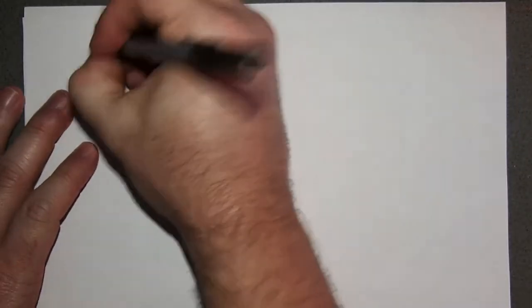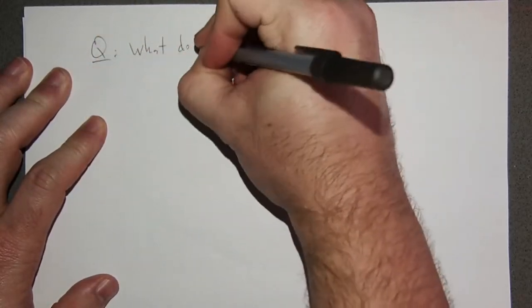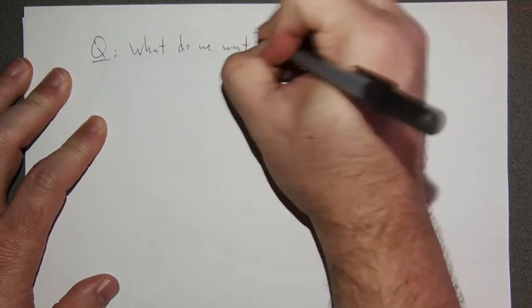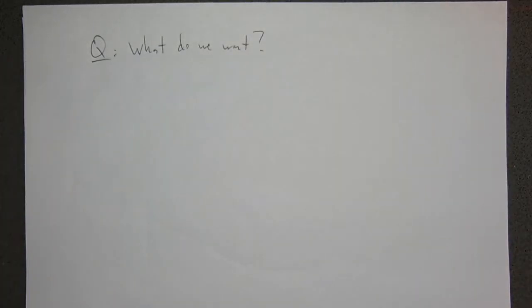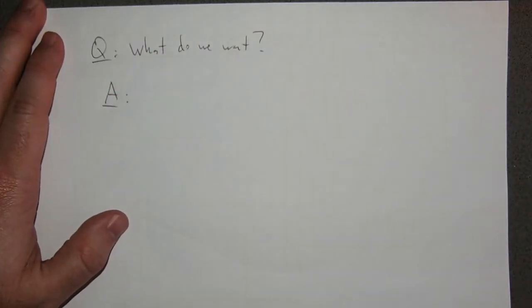So what do we want? The answer is we want to find a partition which minimizes the cut while also keeping the sizes of its subsets roughly the same.